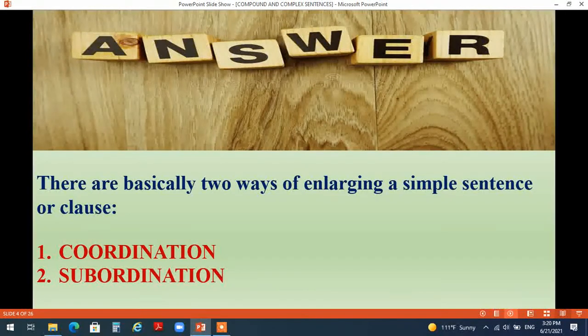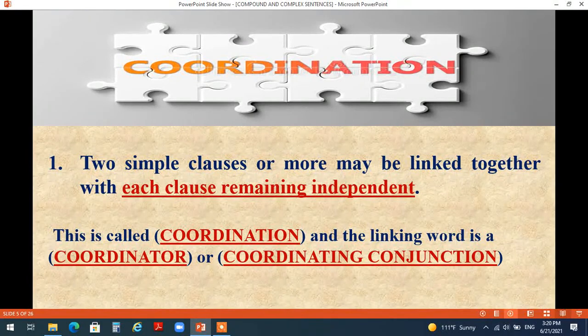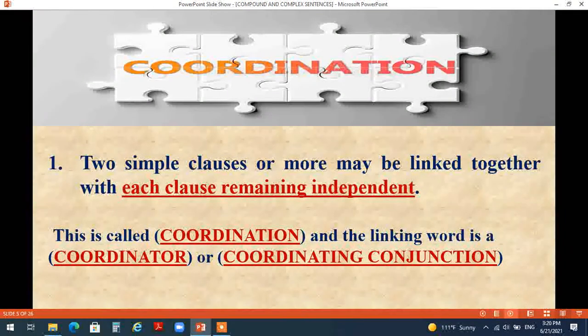in the following discussion. Now, we will start with the first method of enlarging a simple sentence or a clause, which is called coordination, الترابط التناسقي.